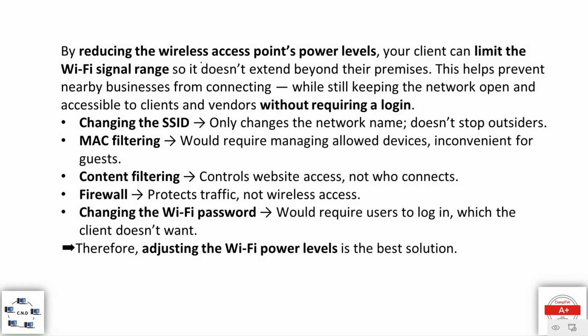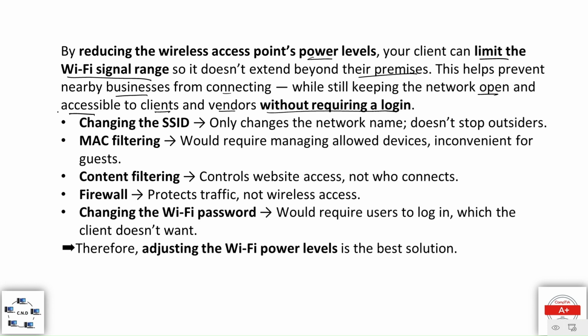So by reducing the wireless access point's power level, your client can limit the Wi-Fi signal range so it does not extend beyond their premises. This helps prevent nearby businesses from connecting while still keeping the network open and accessible to clients and vendors without requiring a login.